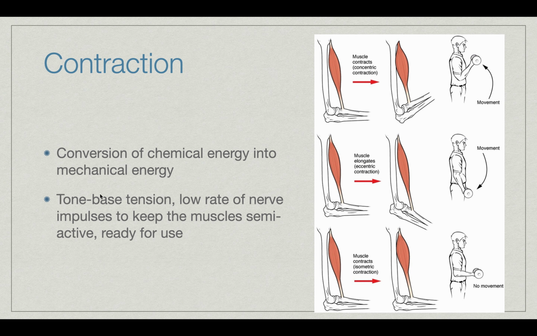Tone is the base tension, it's the low rate of nerve impulses to keep the muscles semi-active, ready to use. So my analogy is like putting your laptop to sleep, just closing the top. And then when you open it back up, you tap the keys a couple times and it turns right back on very quickly.